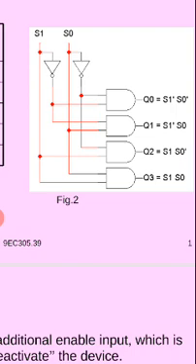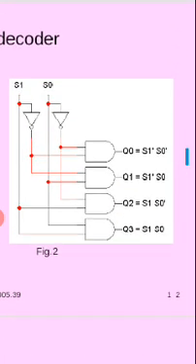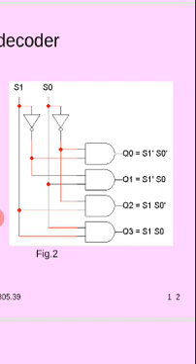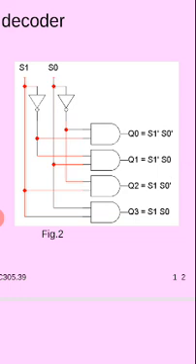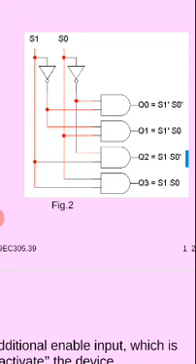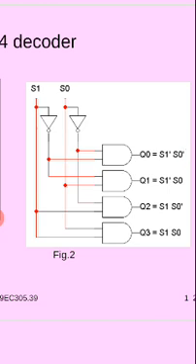Hence, these are taken directly from the S1 and S0 bits. This is the logic diagram of 2 to 4 decoder. Because here there are 2 inputs and 4 outputs, hence it is called 2 to 4 decoder or 2 cross 4 decoder or 2 by 4 decoder.